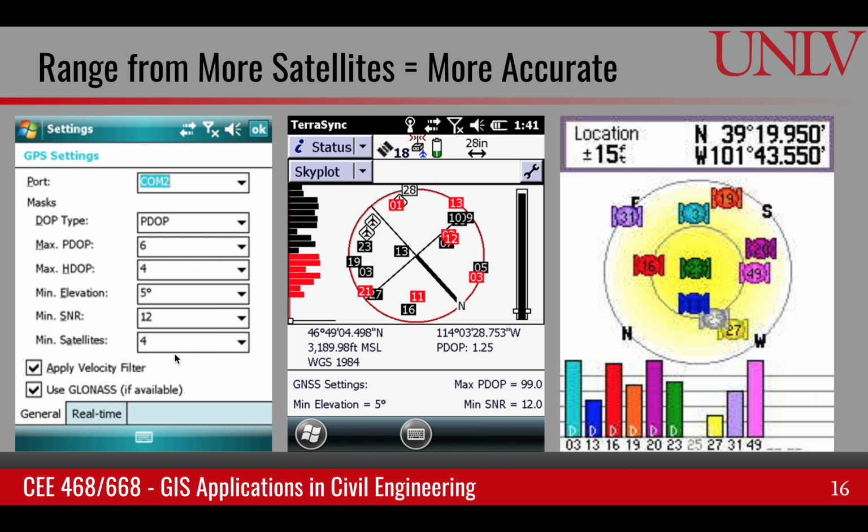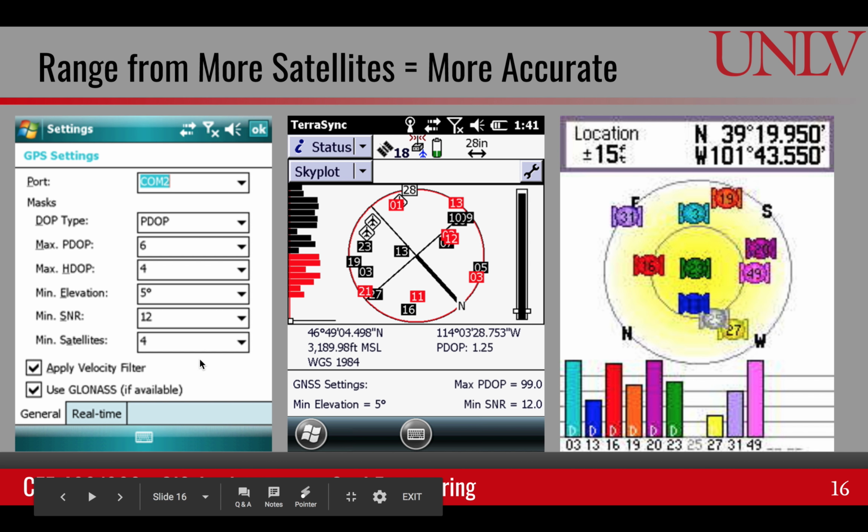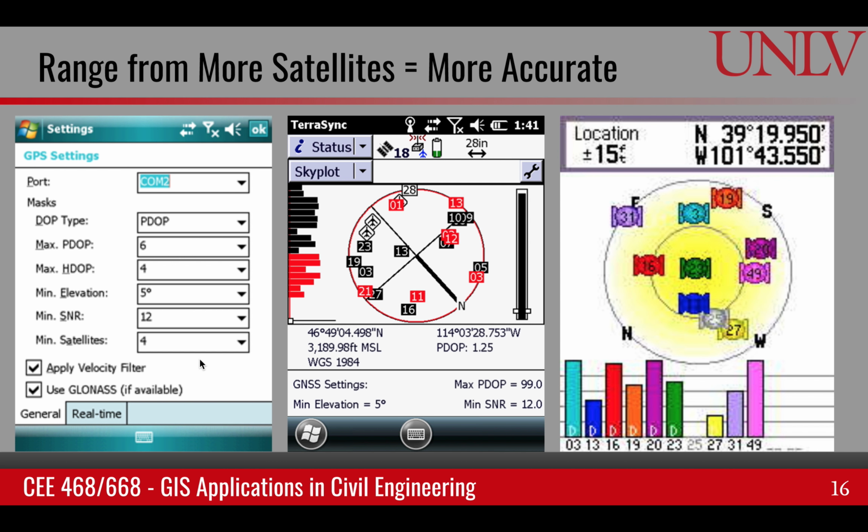Here are 3 examples of different GPS devices that you may come across, and they all will have some measure of accuracy provided on them. In this case, you can see there is a signal to noise ratio, which means the strength of the signal is 12 times greater than the noise. Here is another where there's a specification of how many satellites are in view, how many satellites are in the line of sight, and what is the relative strength of all those satellites.